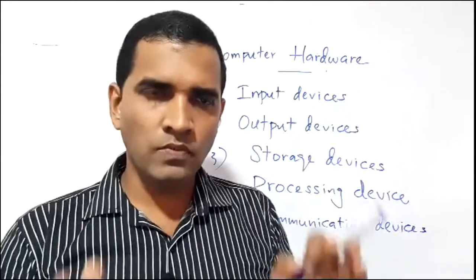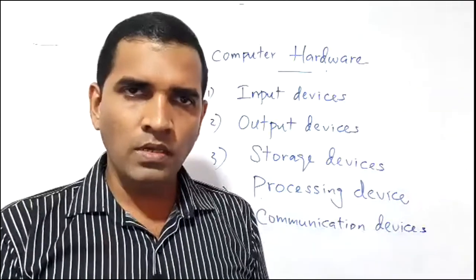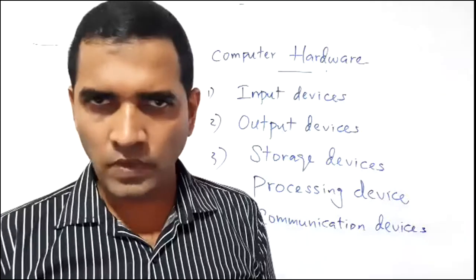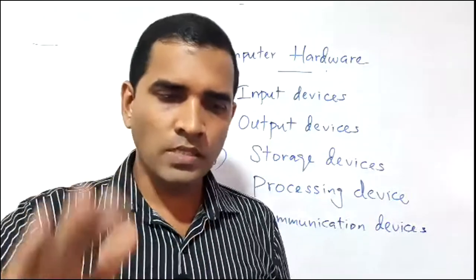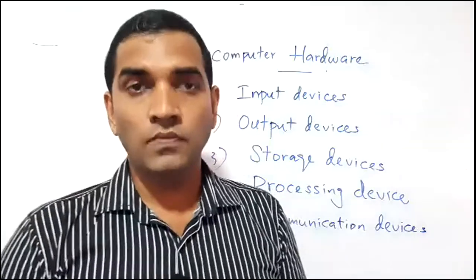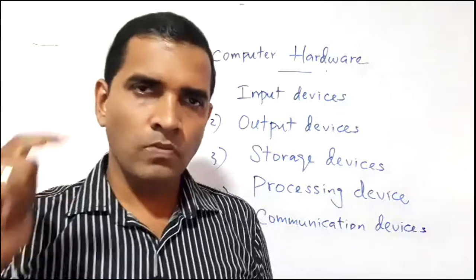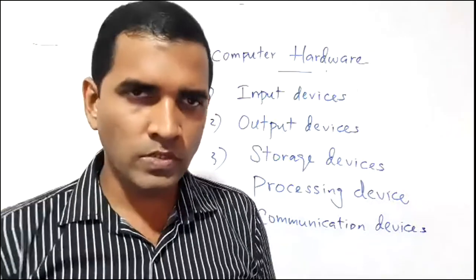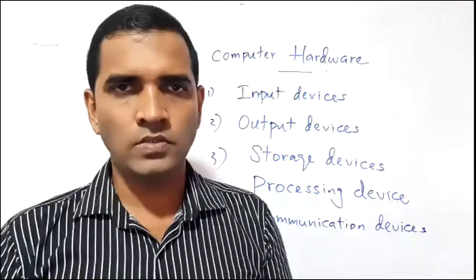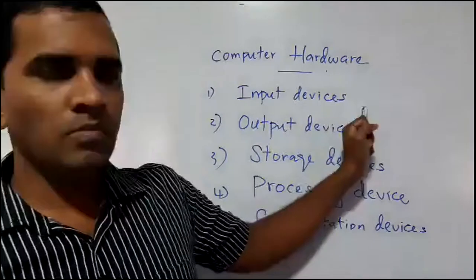Physical components of a computer are hardware. Since every hardware has different functions, they can be classified into 5. So this classification is based on the various functions. We have input devices, output devices, storage devices, processing device, and communication devices. Okay, right. So let's take the input device now.